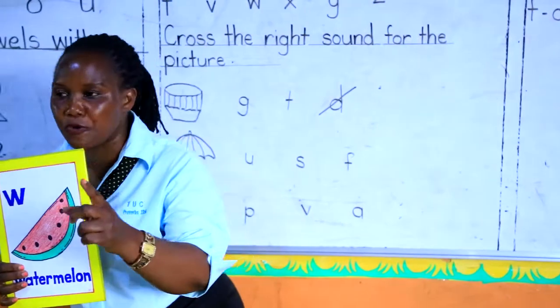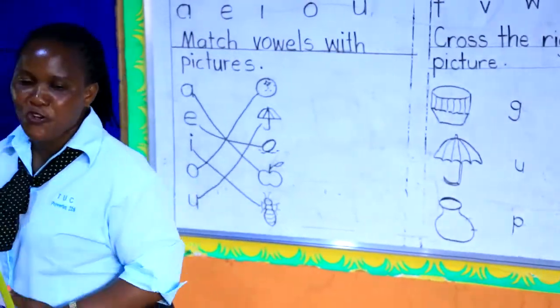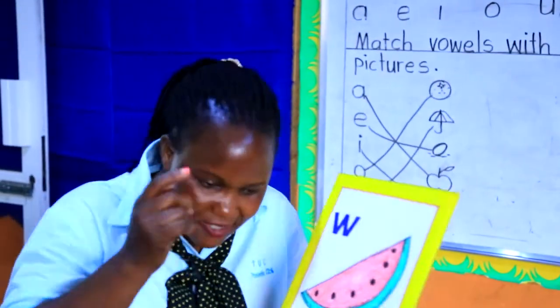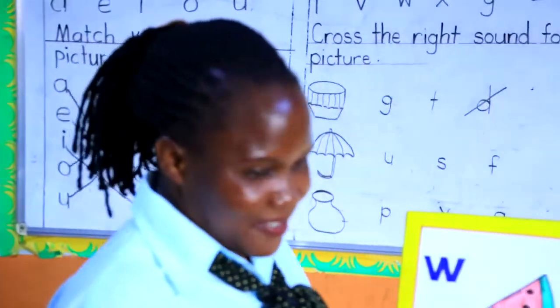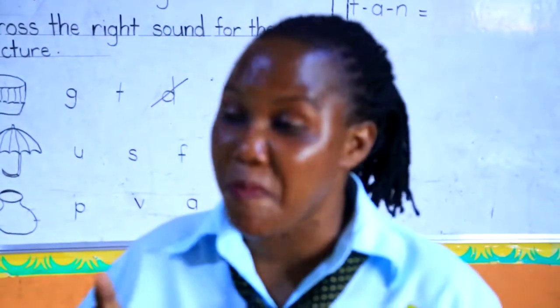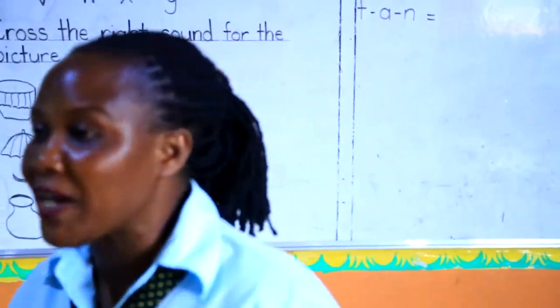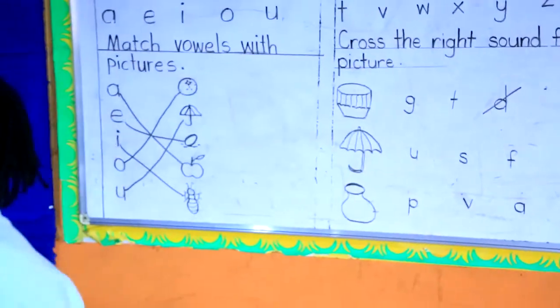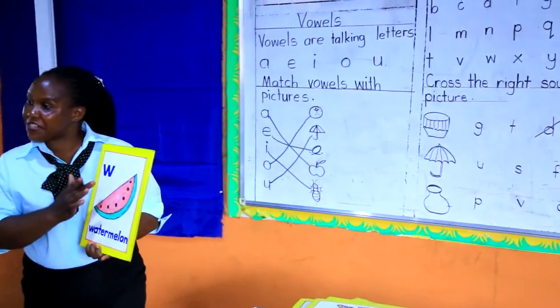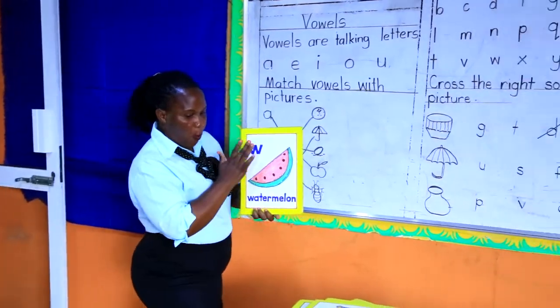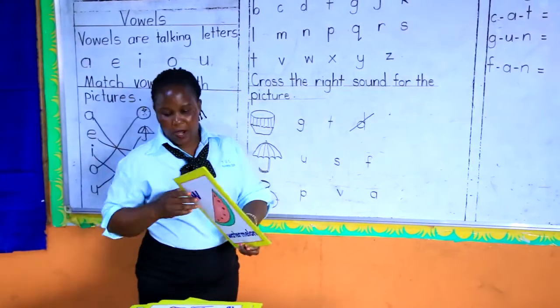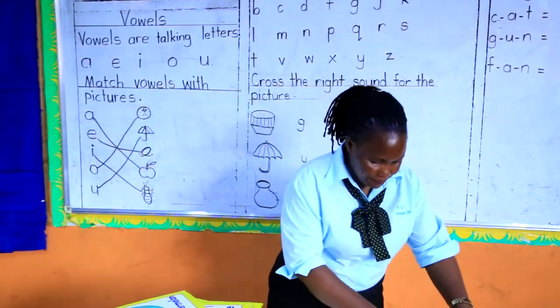And this sound has got a friend. Who knows the friend of this sound? Tell me, please. Watermelon. Wonderful. The word watermelon starts with the sound. As you can see it, it starts with the sound. Everybody say, thank you very much.